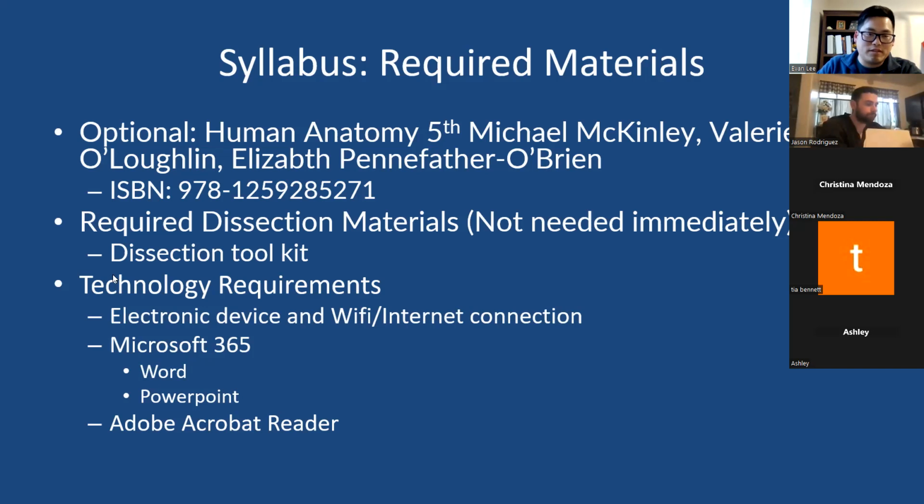But if you want a tool that will have various types of pictures that will cover a lot of the structures that we have here, as a tool to supplement the PowerPoints, this is the book that I would recommend. So the McKinley book, Human Anatomy, any edition generally. If you can find that book, it has a lot of good images. But once again, the lecture exams are going to be based off of the PowerPoints.